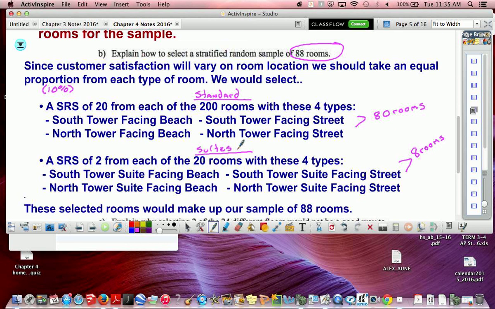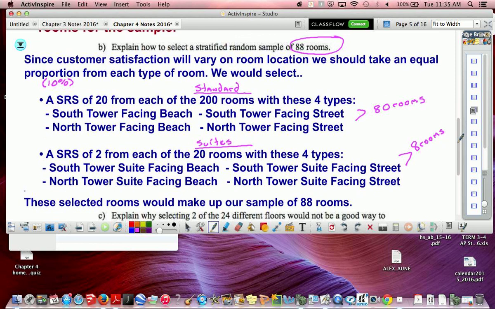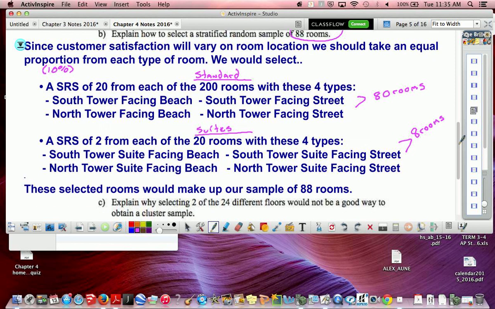All right, one last question for us. It says, explain why selecting 2 of the 24 different floors would not be a good way to obtain a cluster sample. Why would you not just say, all right, I'm going to put all the floors 1 through 10?